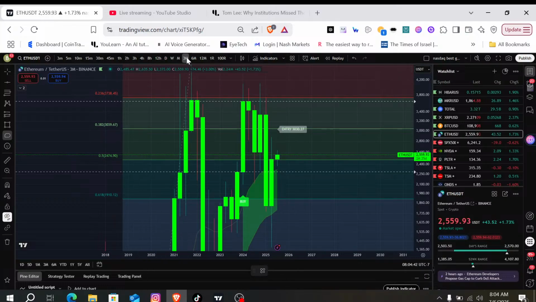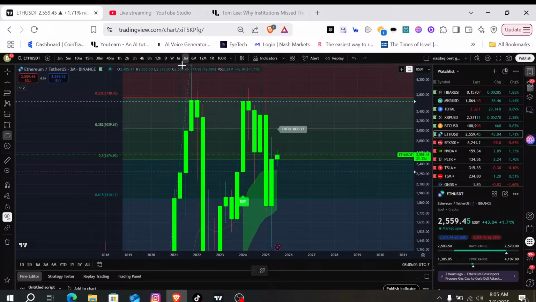For example, 3 monthly is going to be purple. Monthly is also purple, but with the 3 monthly I put a 3M on the side of the 50. That way I know that's a 50 3 monthly Fibonacci price. Weekly is light blue, daily is orange, and so on down the line like that.